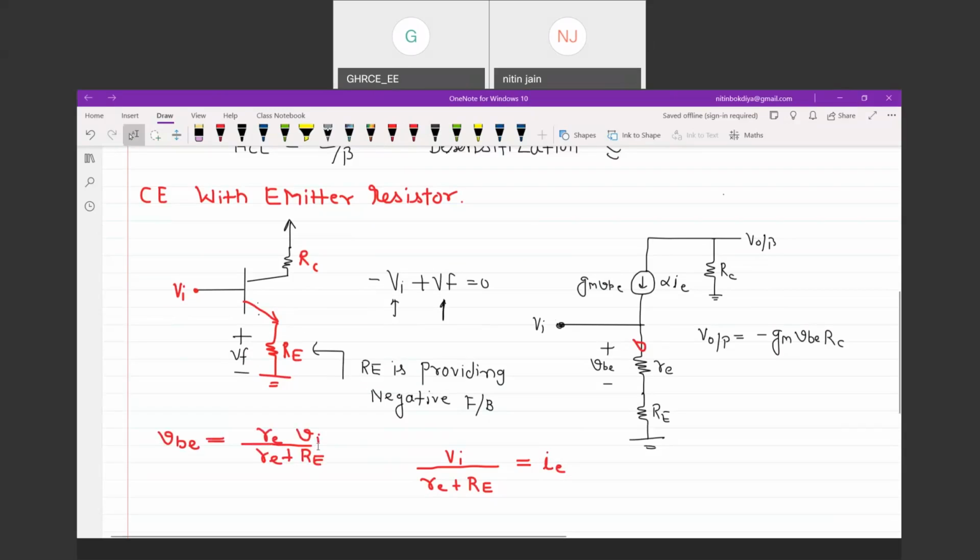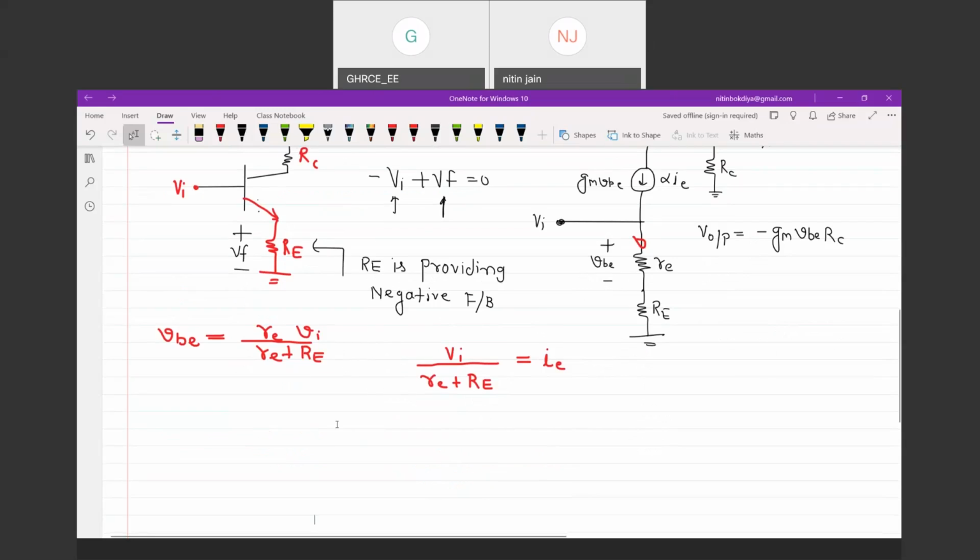So you can say V output for the circuit is equivalent to minus gm into VBE, which is re divided by re plus RE, into RC.